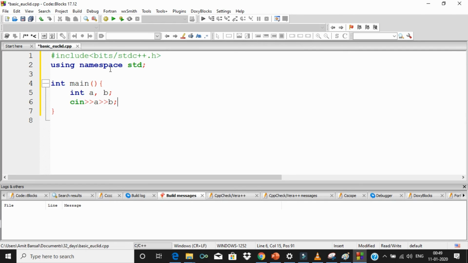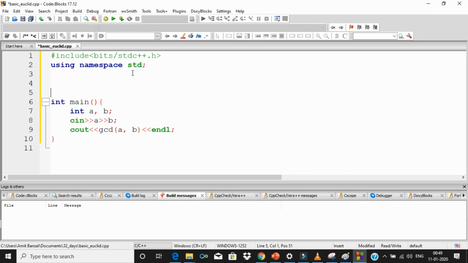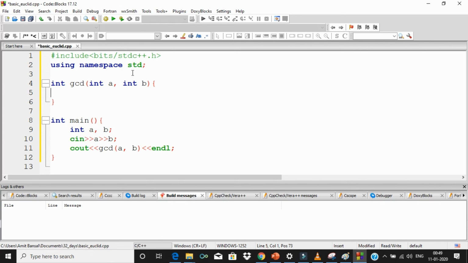What we want to find out is the GCD of a and b. Now we will be using the basic Euclidean algorithm to write this function.